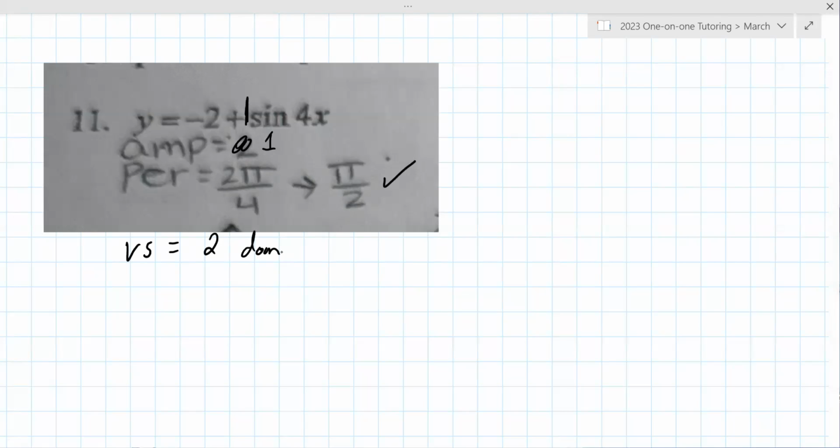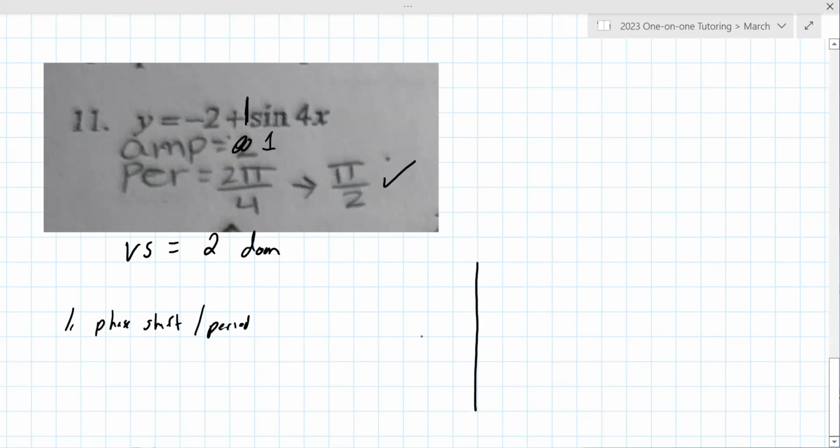So there are a couple ways to graph this. The way that I show it is that you start with the phase shift and period, basically. So this one does not have a phase shift, but it does have a period adjustment.